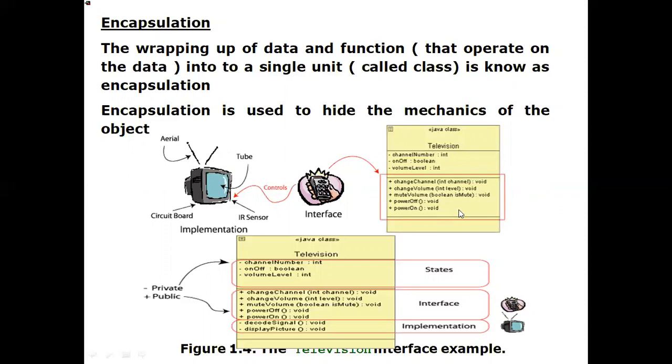In one unit we use data and behavior. For example, you can see here television is a class having data and functions in one unit. This is the encapsulated property of a class, which you can use with the help of the class.